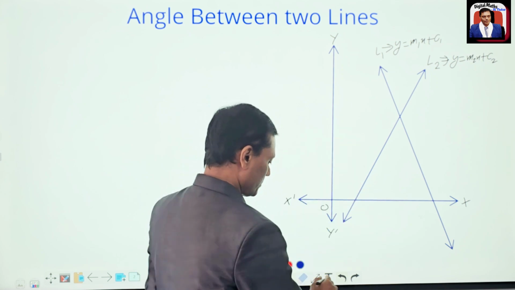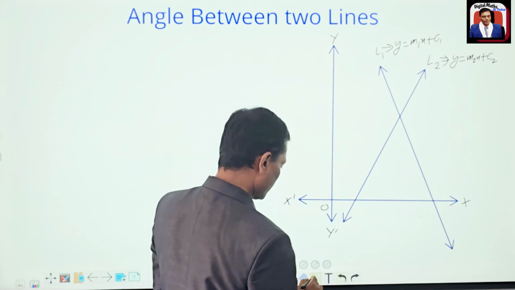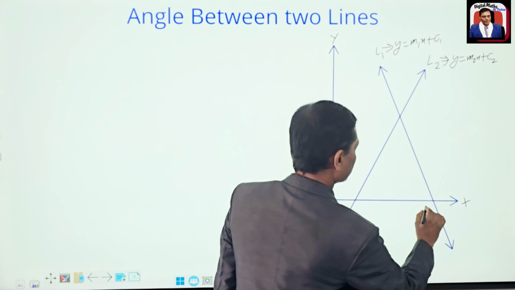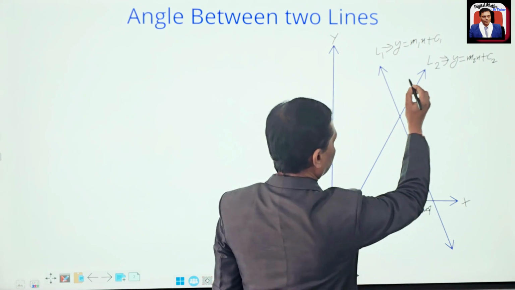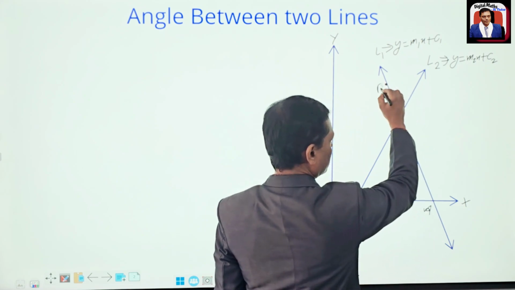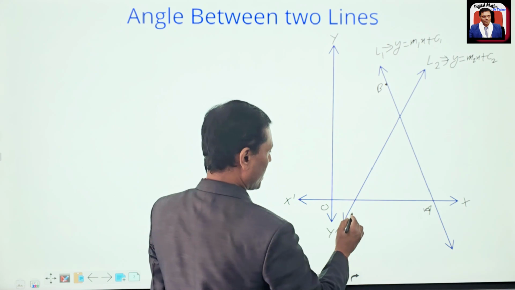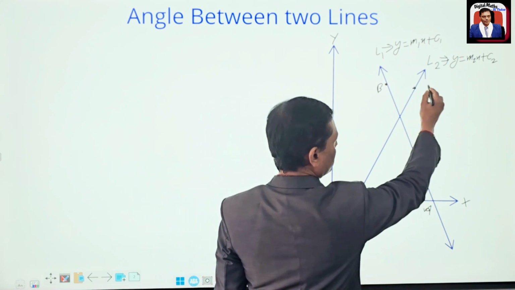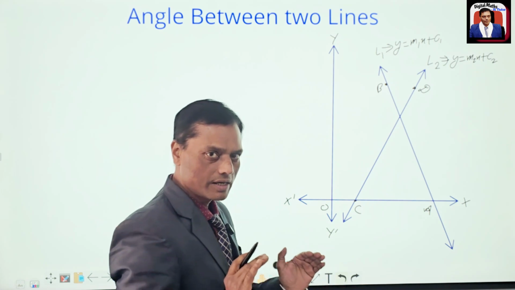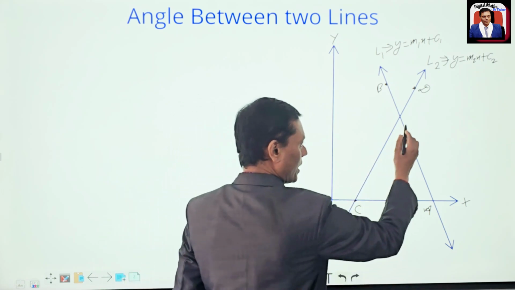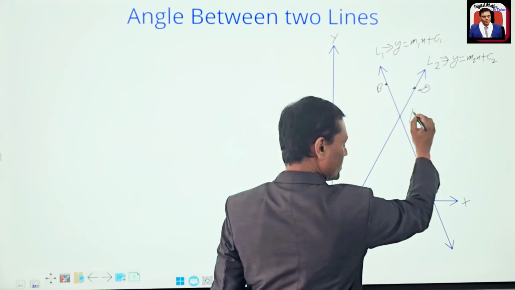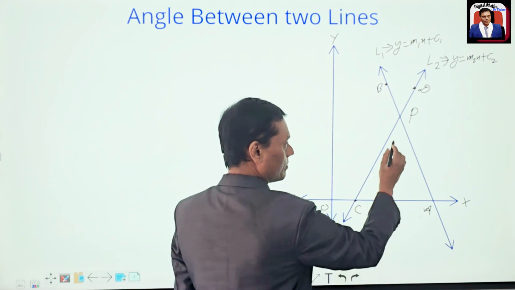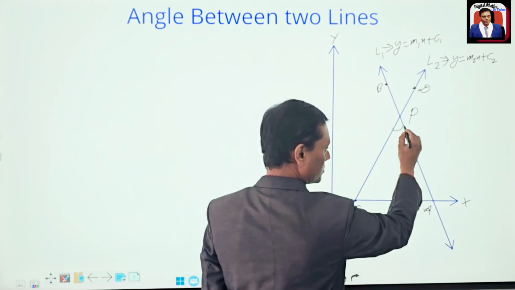Let the points on the first line be A and B, and on the second line C and D. Let both the lines intersect each other at a point P, and the angle between them is theta.